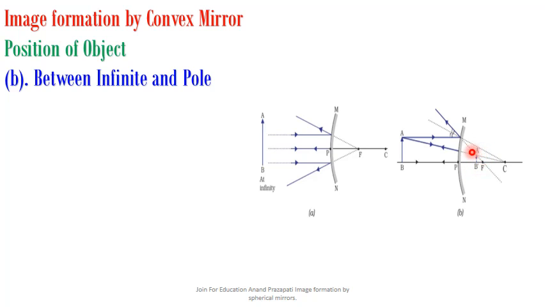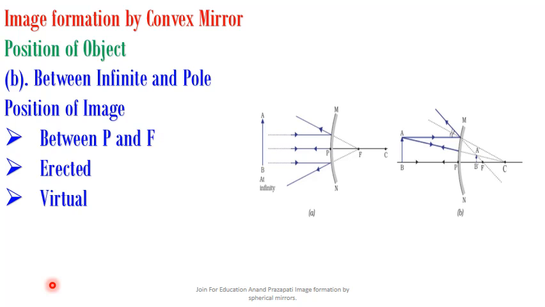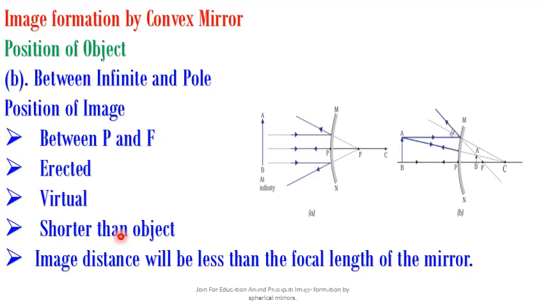Size of the image is shorter than the size of the object, and image distance will be less than the focal length of the convex mirror. So this is the simple story of the image formation by the convex mirror.